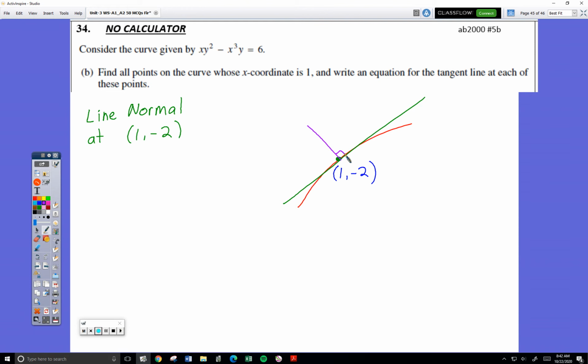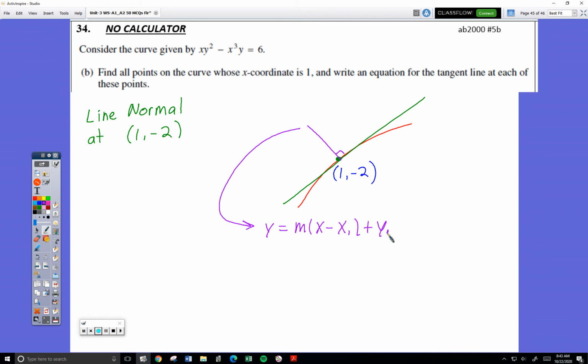So this problem does not ask for an equation of a line normal, but a homework problem does. It's not hard to create this line because we already have the equation for any line. It's what Paul asked about. 2 more for Paul. The equation of any line is always y minus y1 equals m times x minus x1, or y equals m(x minus x1) plus y1.